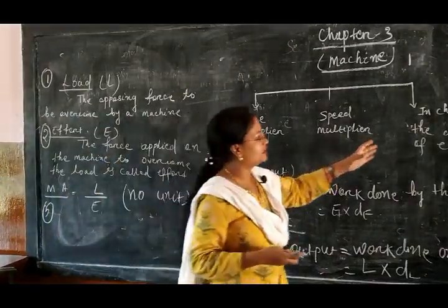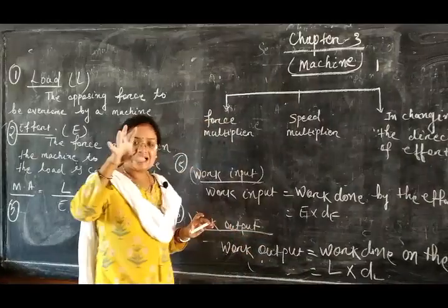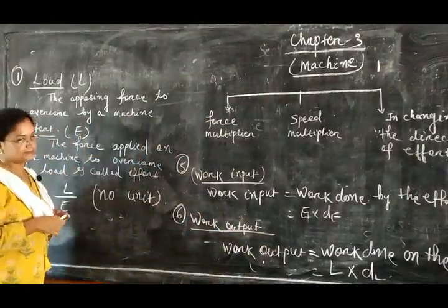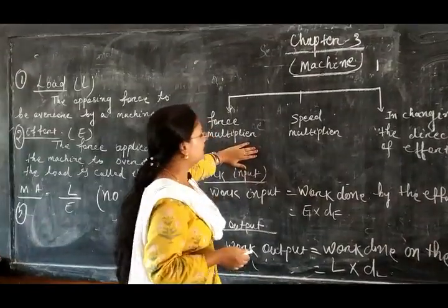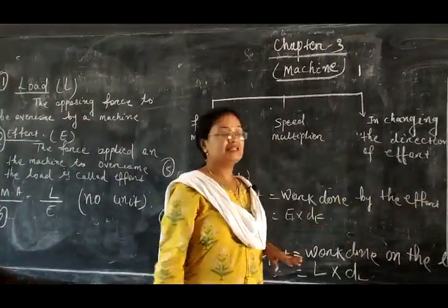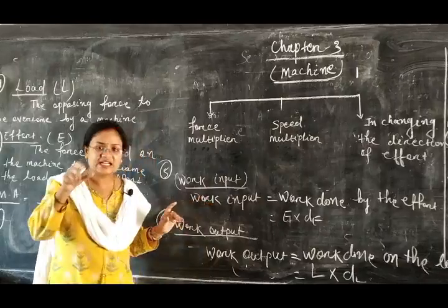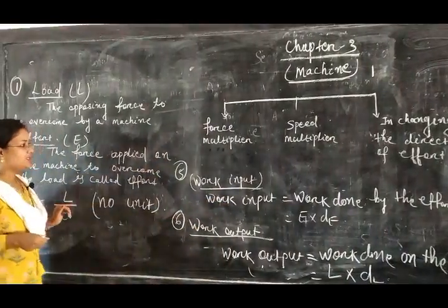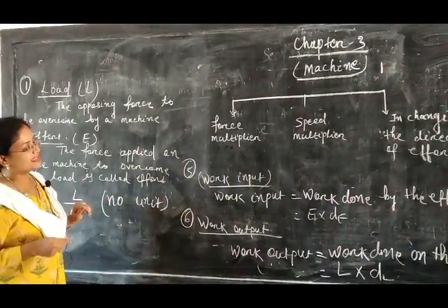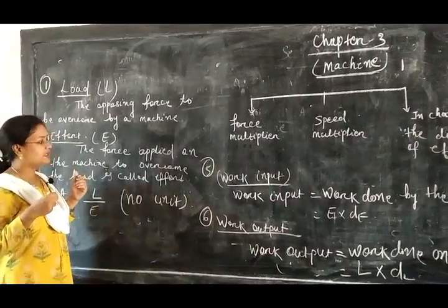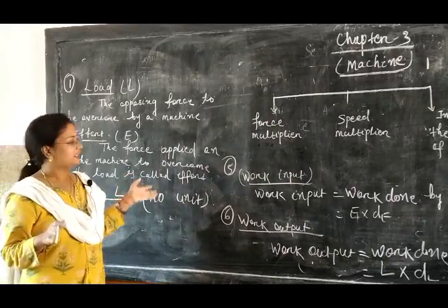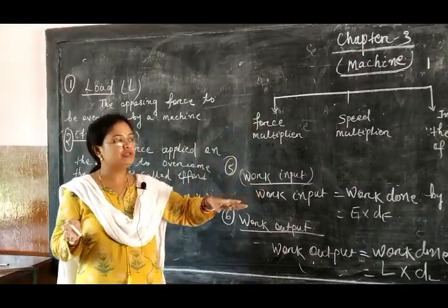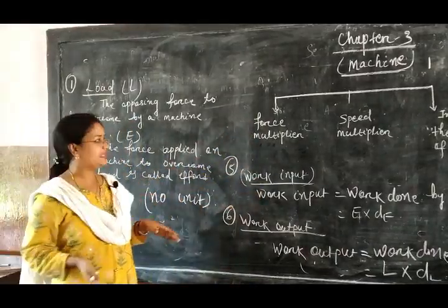In this way, the direction of effort is changed; in that case the pulley is a machine. So the three main functions are: force multiplier, speed multiplier, and changing the direction of effort to a convenient direction. Some terms related to machines are there. These things you already know, and we will use them in the next part.